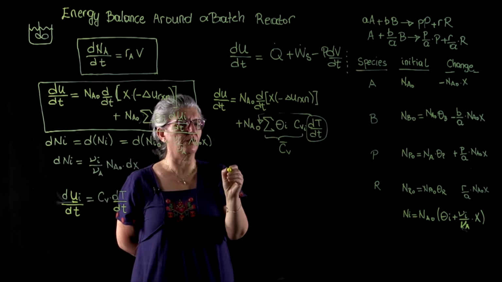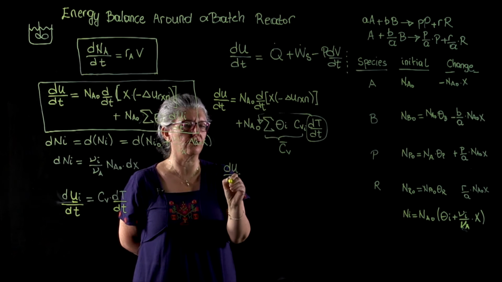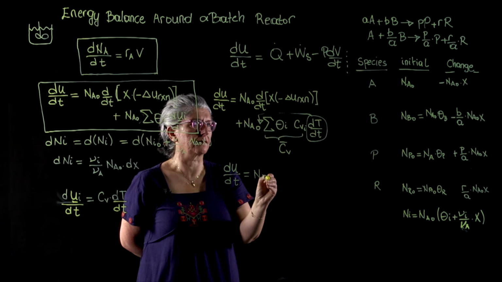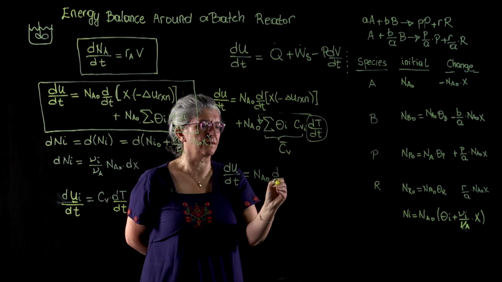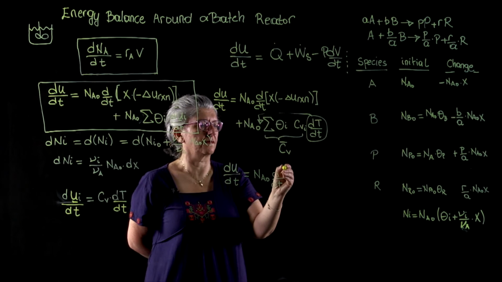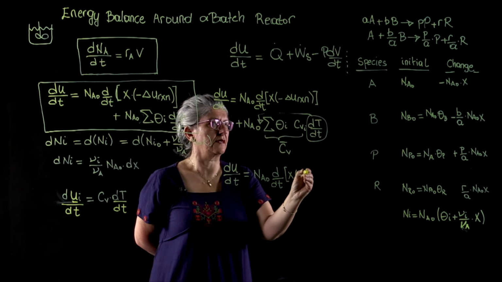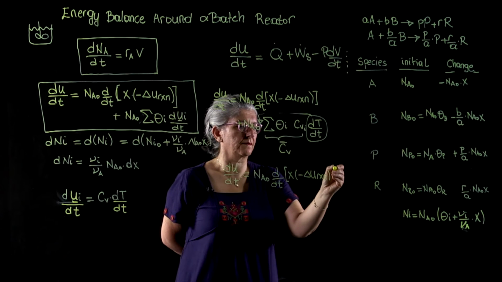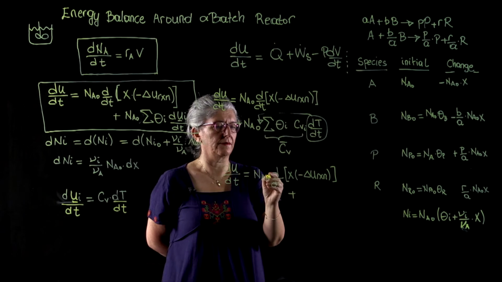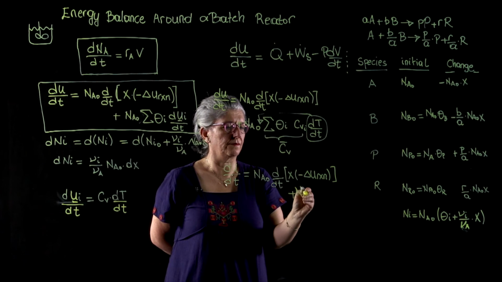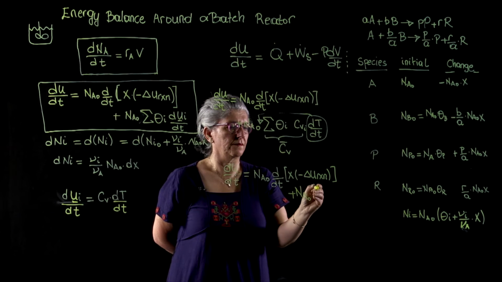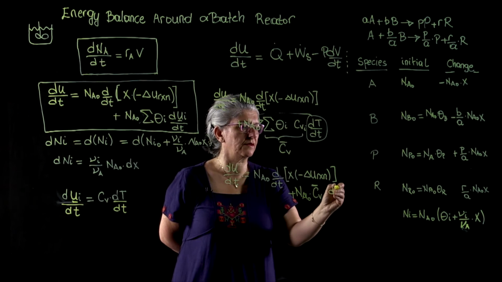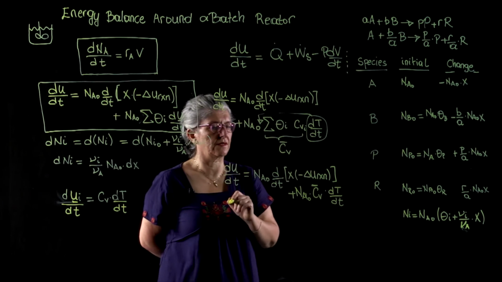So in its most compact form, du over dt term reduces to Na0 d over dt x minus delta U reaction plus Na0 mean heat capacity of the feed times dT over dt. This is the first part.